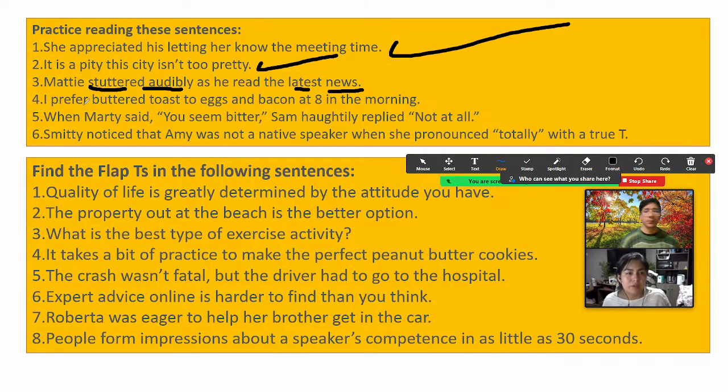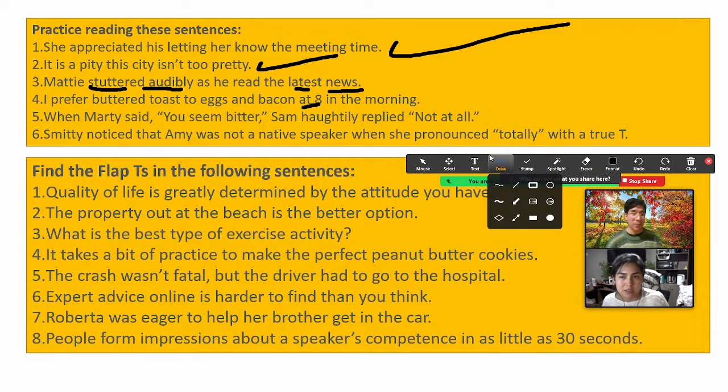I prefer buttered toast, 2 eggs, and bacon at 8 in the morning. Well, we have at 8. At 8 in the morning.